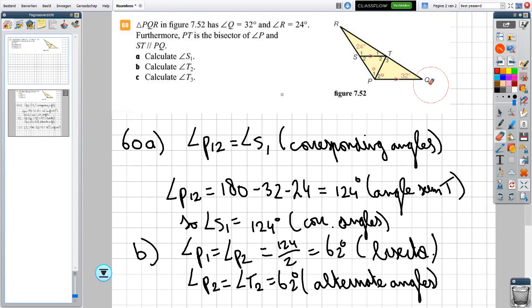Sometimes it also indicates that you have to use properties of special quadrilaterals or triangles though. So it doesn't always mean that you have to use corresponding or alternate angles. But be on the lookout for them, because sometimes it's a tip that you have to take a look right there. And if you have the chance, or if you are stuck, check whether you can calculate an angle with the angle sum of a triangle.